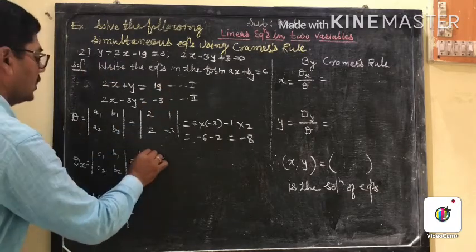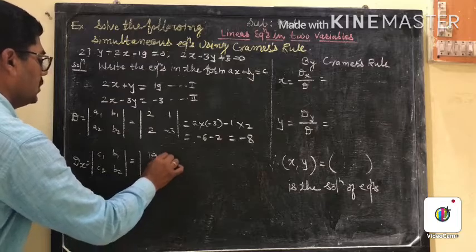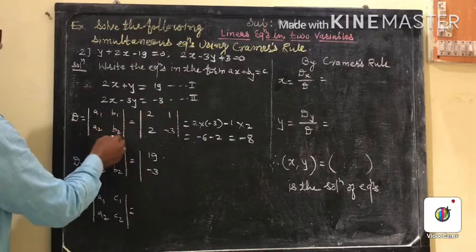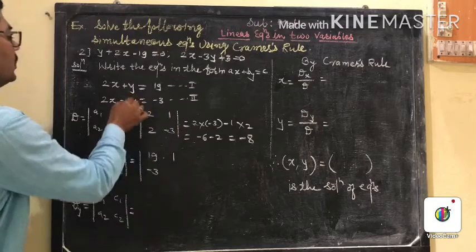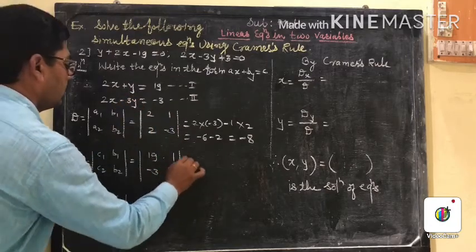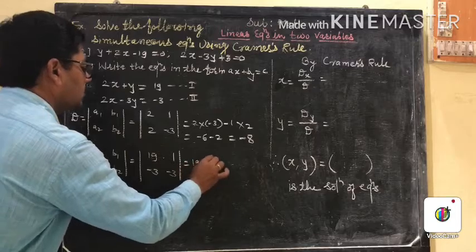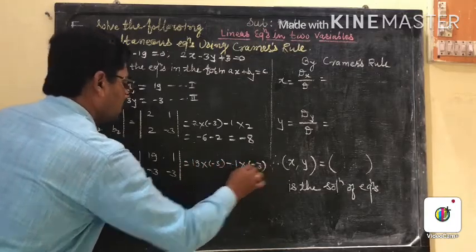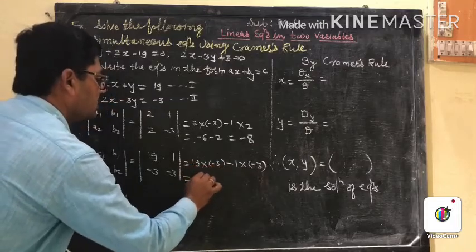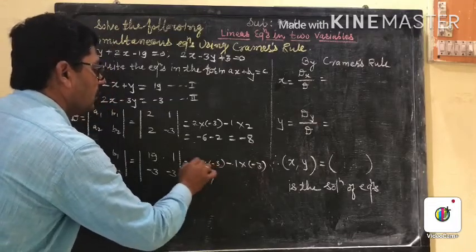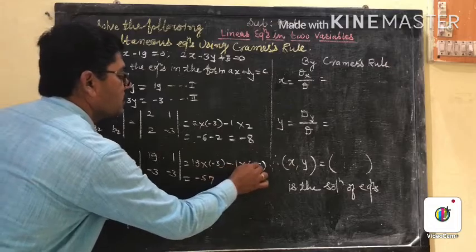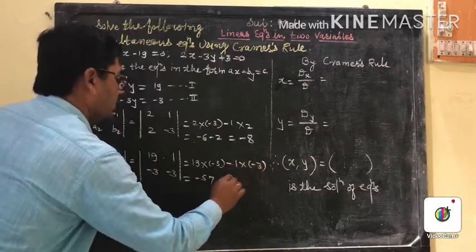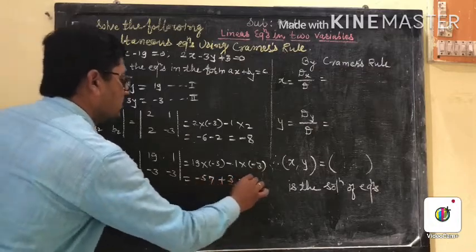And Dx is c1, c2: 19, minus 3, and b1, b2 as it is: 1, minus 3. Now the value is 19 into minus 3 minus 1 into minus 3. The multiplication is minus 57, and minus times minus is plus, the sign is plus, 1 into 3 is 3, and the value of this is minus 54.